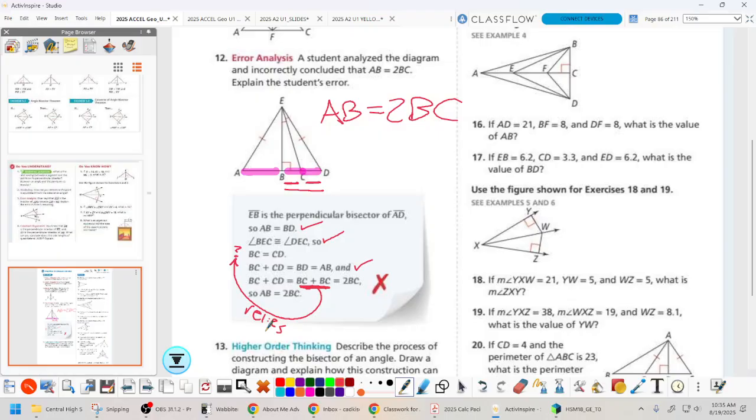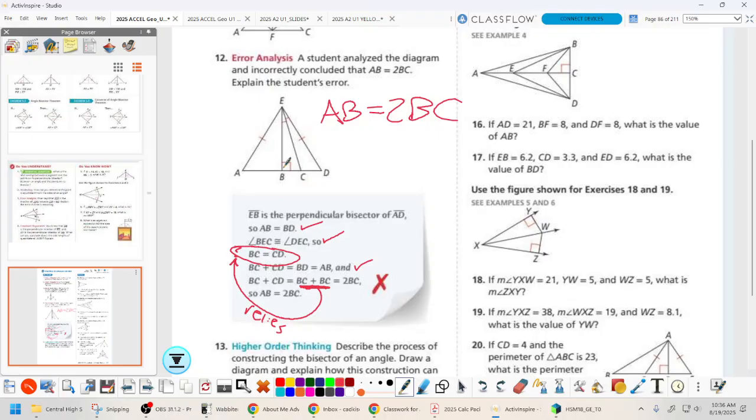So do you see how you can kind of work through this logically? Yes or no? Okay. So there's the error. That is not necessarily true. This is a good example of what I was talking about. Just because they look the same doesn't mean that they are.